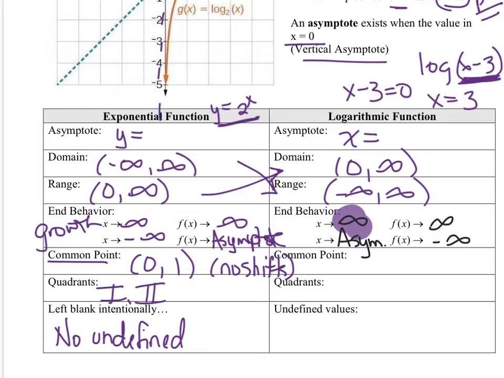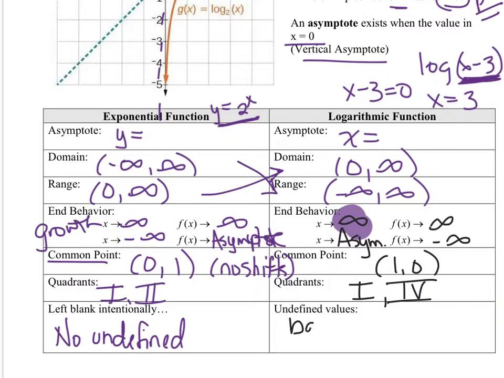So as you can see, the x's and the f of x have switched. The common point is (1, 0). When I plug a 1 in for x, I will always get a 0 out for y. The quadrants that it's in are 1 and 4. And all the undefined values, I wrote them up there at the top.